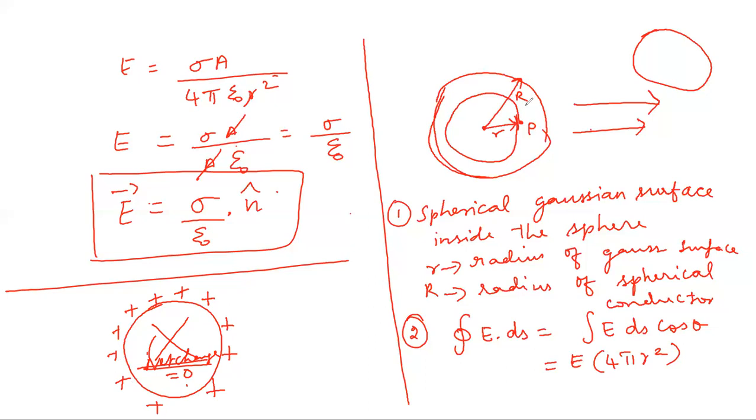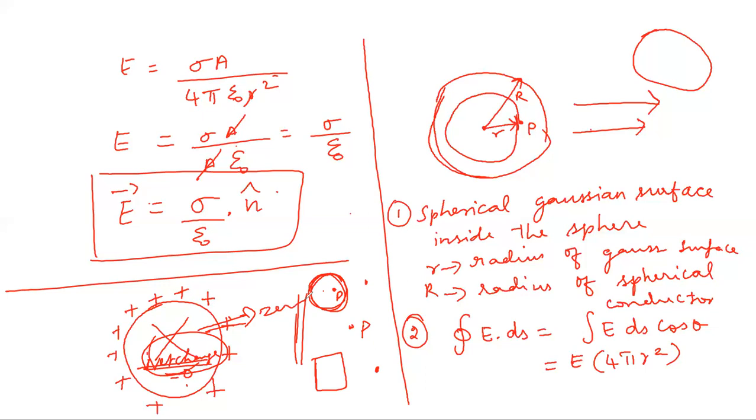In all the other cases, I took a conductor and considered the point P outside. In the second case, I considered a plane sheet, but the point was outside. In the third case, when I took a sphere, the point was also outside. Only here I am taking the point to be inside. So whenever the point is inside the conductor, you should know the net charge inside the conductor is 0.